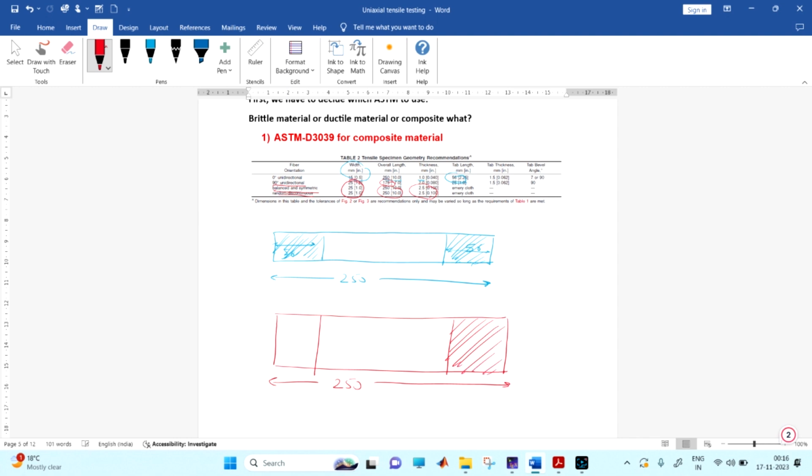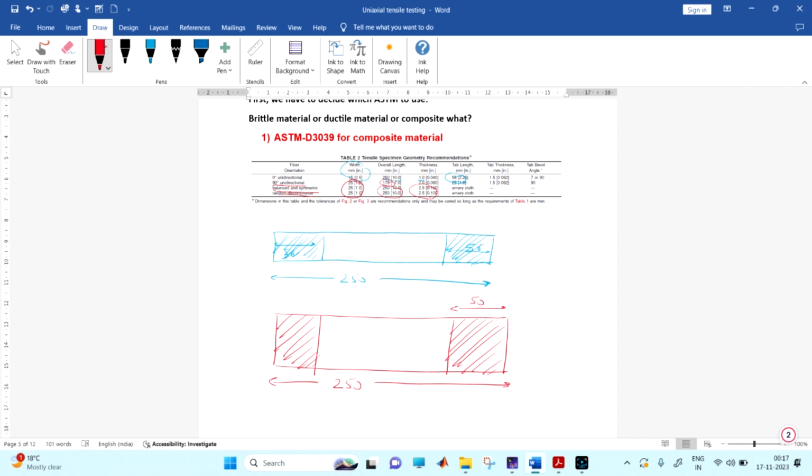on each side. As you do the experiment you will understand why 50 mm. Because when we are putting this sample into the grips, the grips have space available within this 50 mm range, so that it's easy to hold. So you can see the size, shape, everything we are directly getting from the ASTM.